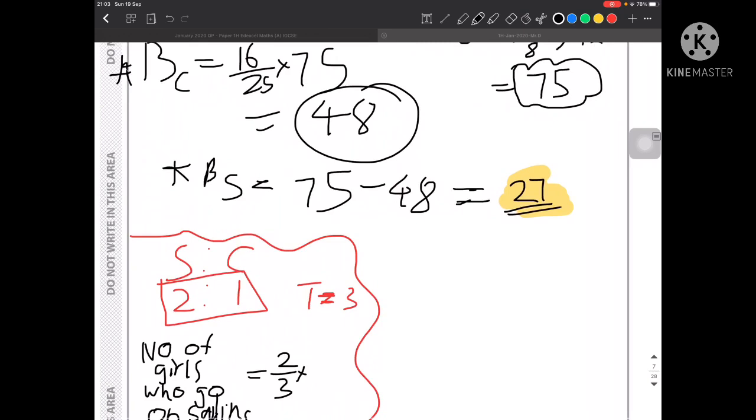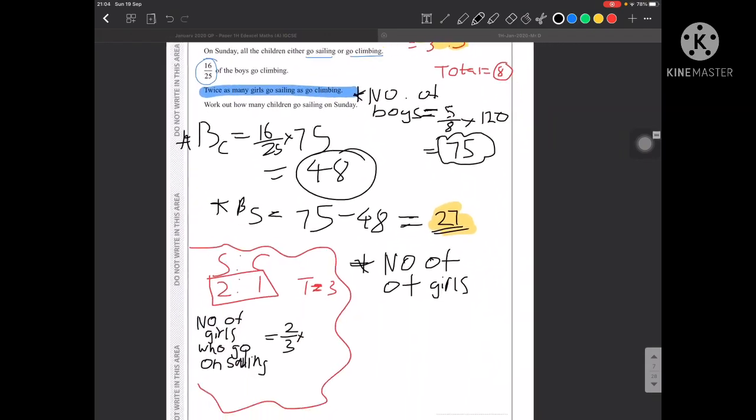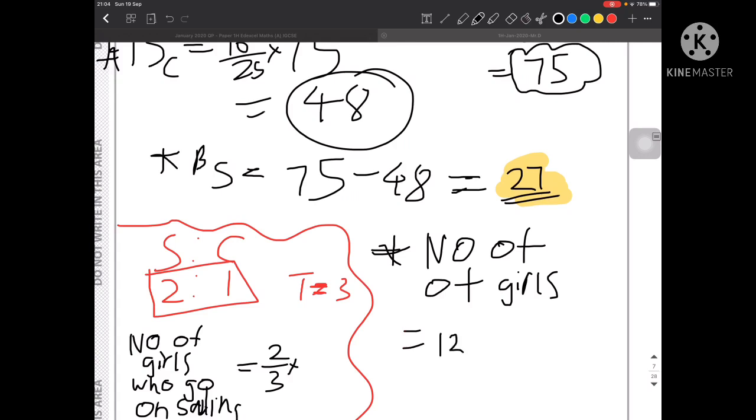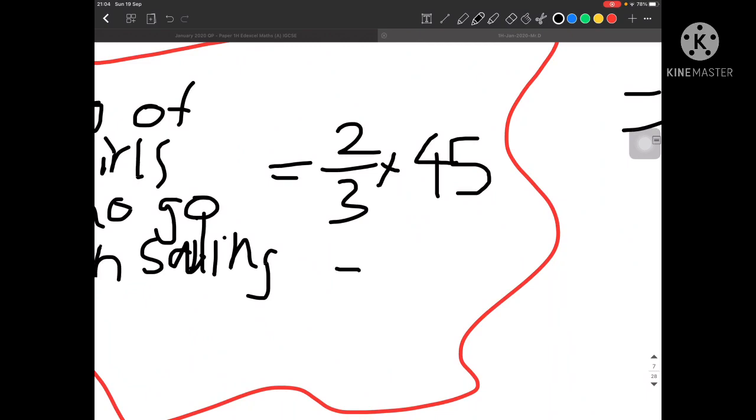First we need to find the number of girls, which is 120 minus 75, because we have a total of 120 and 75 are boys, which equals 45. 45 girls we have, so 2/3 times 45 is 30. This is the number of girls who go on sailing, 30.